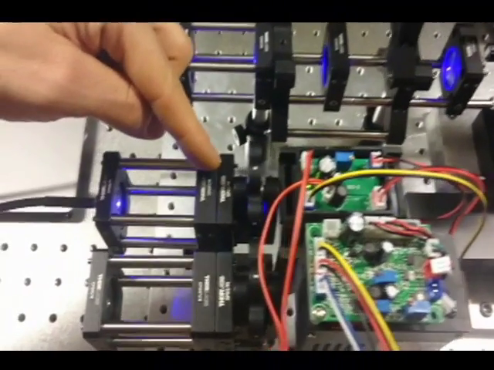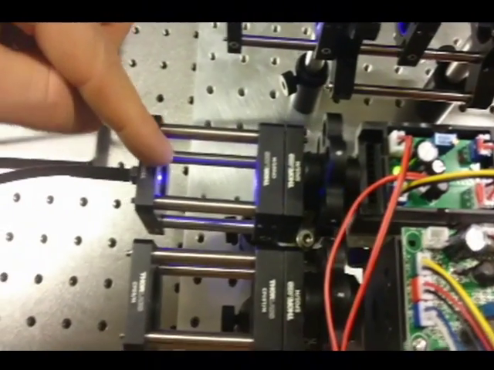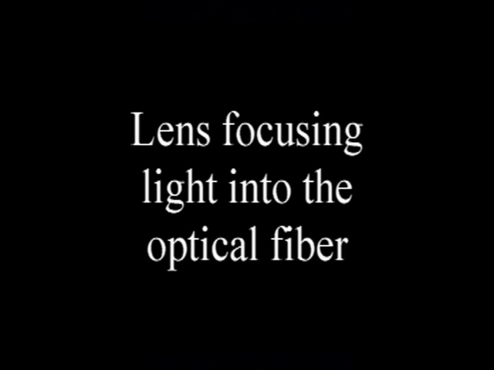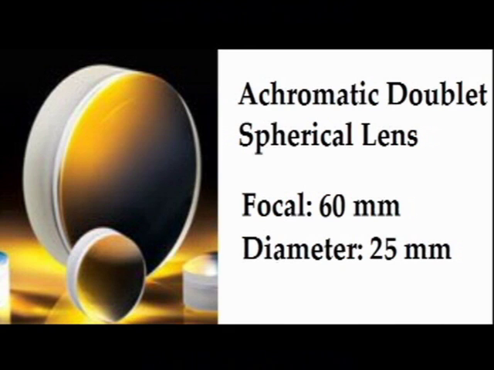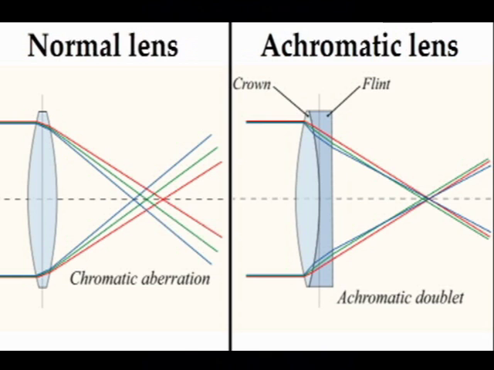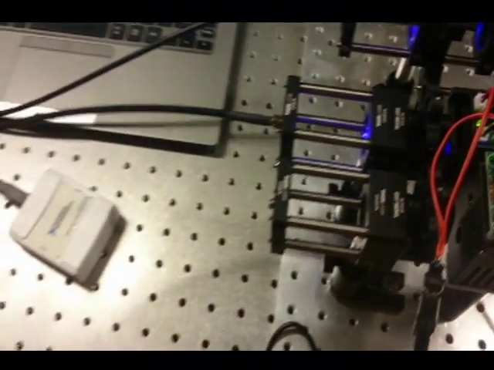Then we have a lens that will focus the light into the optical fiber. This lens is an achromatic doublet spherical lens with a focal length of 60 millimeters and 1 inch diameter. This is a diagram showing the difference between an achromatic lens and a normal lens.